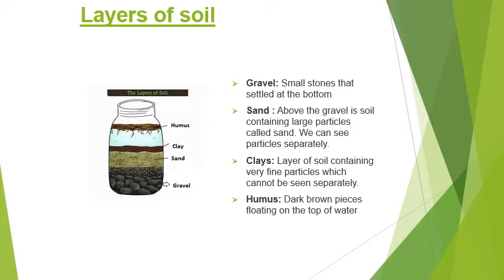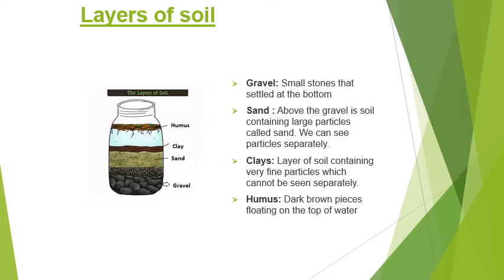Small stones settle at the bottom. That layer is called gravel. Above the gravel is soil containing large particles, where you can see the particles separately. That layer is sand. Above the sand layer is a layer of soil containing very fine particles, where you cannot see the particles separately.